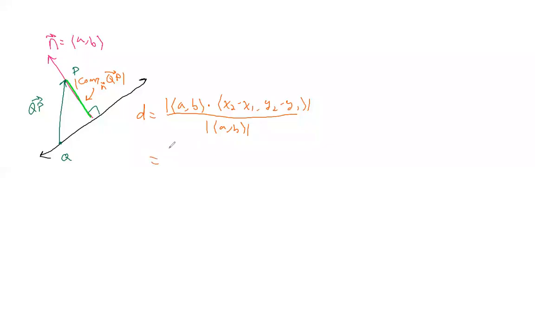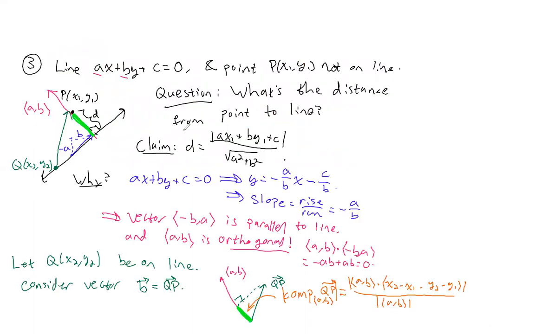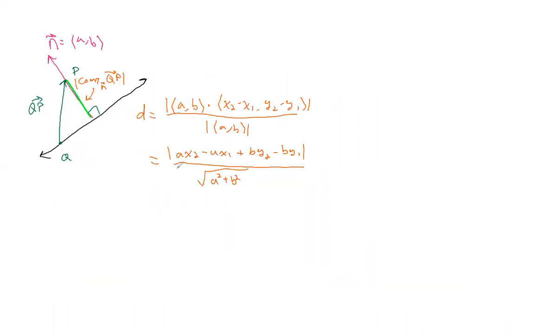And that's the same thing as the magnitude of ax2 minus ax1 plus by2 minus by1 over square root of a squared plus b squared. That's starting to look a whole lot like the claim that we had before. But where is that extra c coming from?